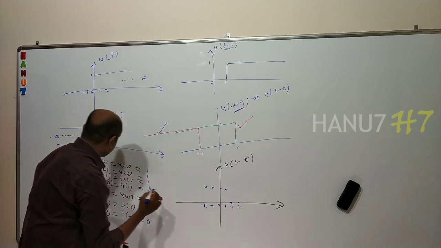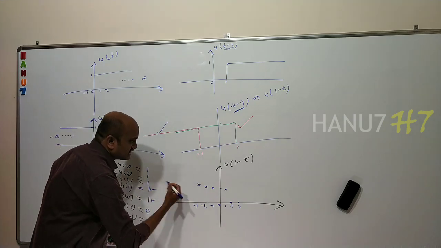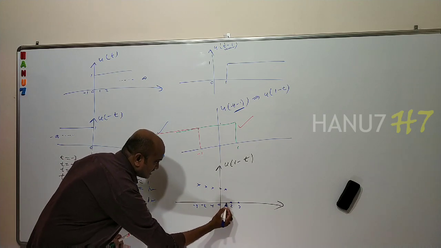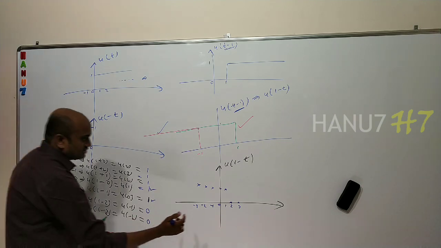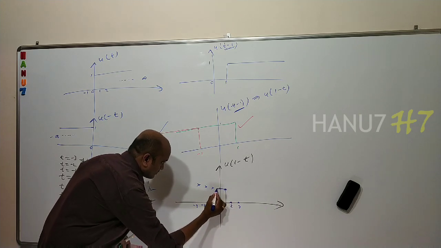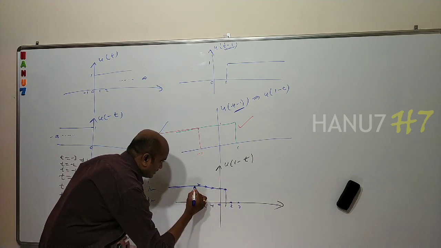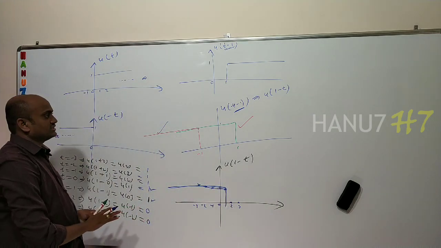At minus 2 we got 1. At minus 3 we got 1 and it continues. So just draw that graph. At 0 we got 1, at 1 we got 1, at 2 it is 0. So from 1 onwards it is 0. So this is the answer for u of 1 minus t.